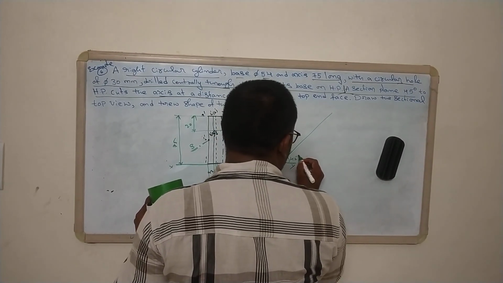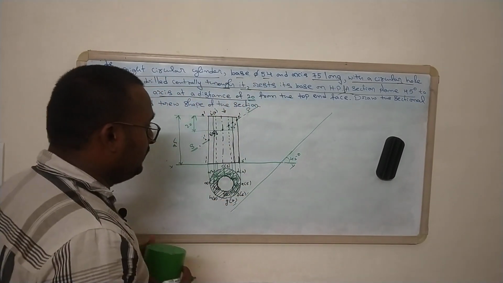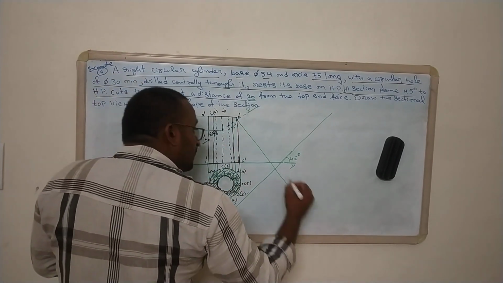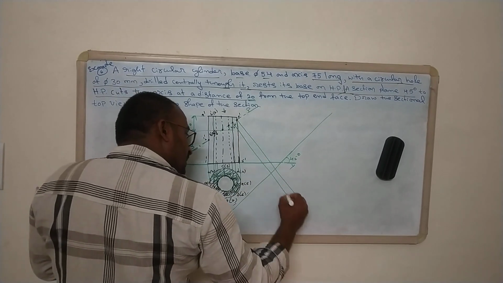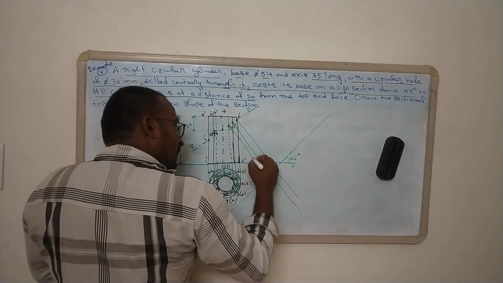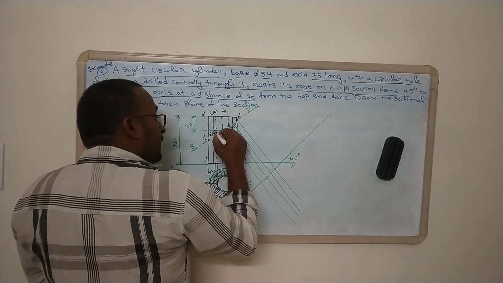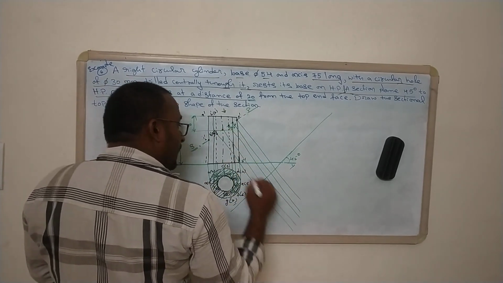So here it must be 45 degrees to the XY line. Then you need to project all the points towards the auxiliary view.